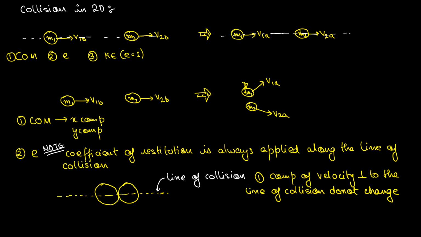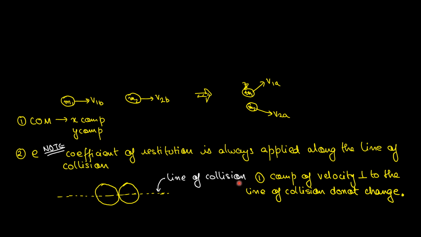Okay, sir, you have given us an observation, but you still haven't answered how do I find out the line of collision? So there comes our next trick. My main question is how do I find out this line? Now let's pick a body M2.